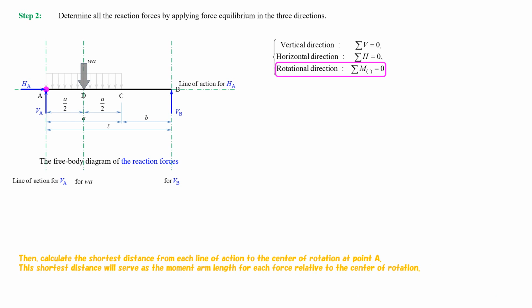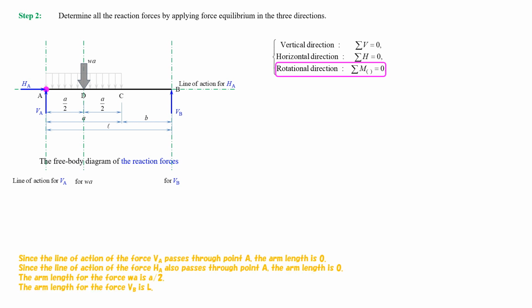Then, calculate the shortest distance from each line of action to the center of rotation at point A. This shortest distance will serve as the moment arm length for each force, relative to the center of rotation. Since the line of action of the force VA passes through point A, the arm length is 0.